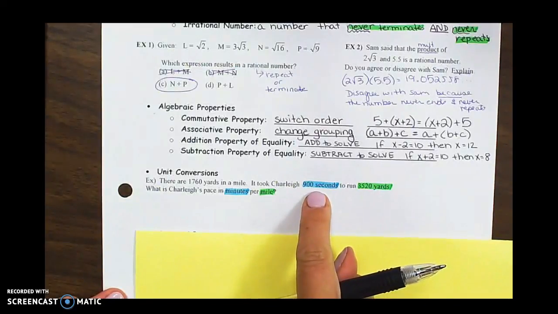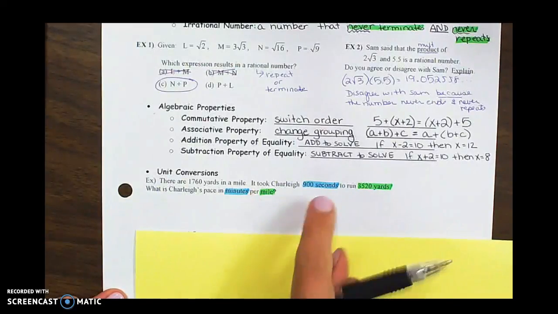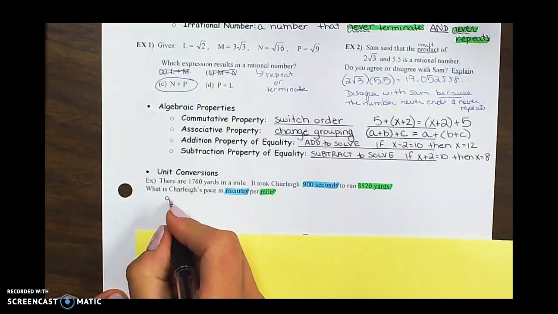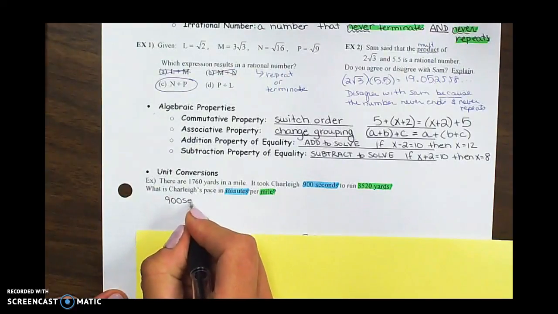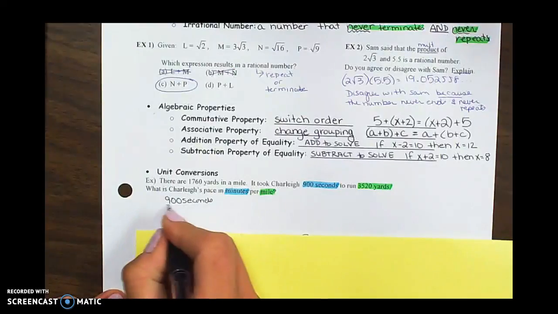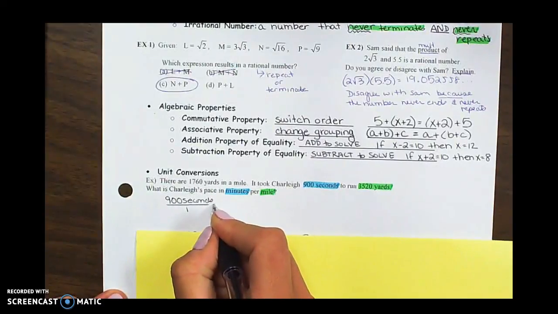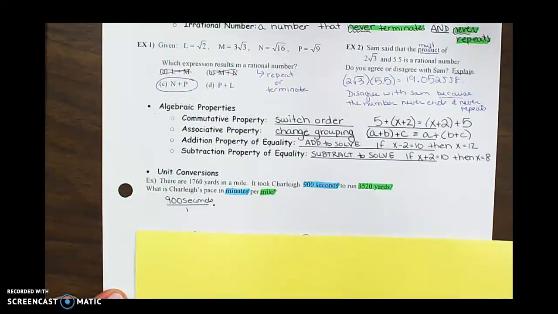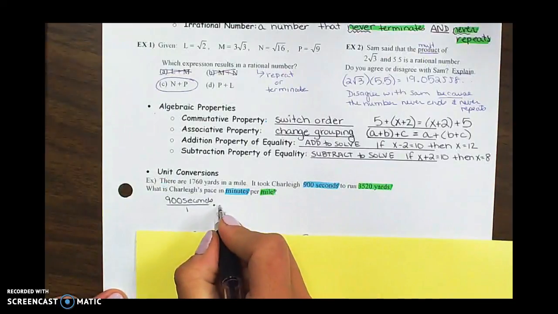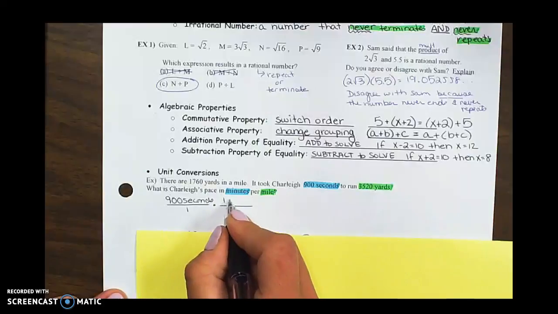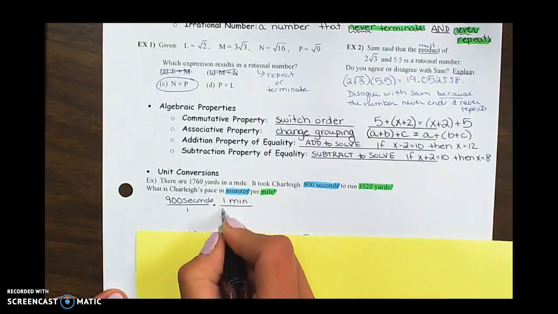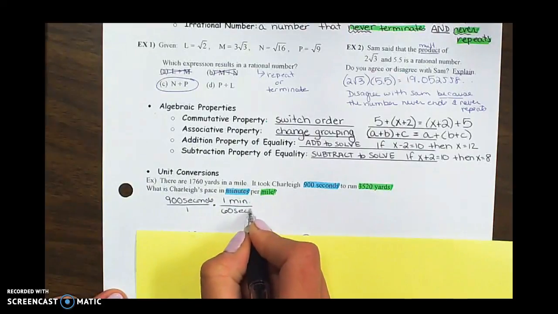So I'm going to go ahead and change seconds into minutes first. We start by writing down what we're given: 900 seconds over 1. Now I'm going to multiply it by its conversion fraction, or its equivalent fraction. I know that there are 60 seconds in 1 minute, and I want to end with 1 minute, so I go 1 minute over 60 seconds.